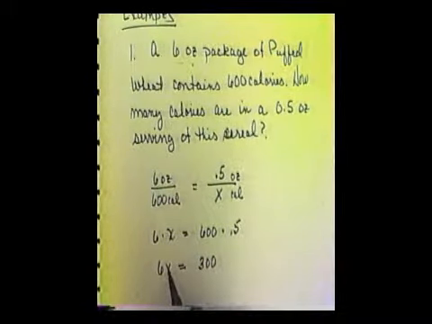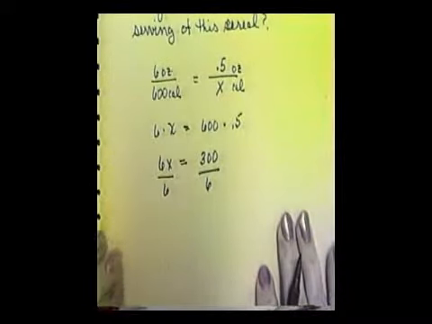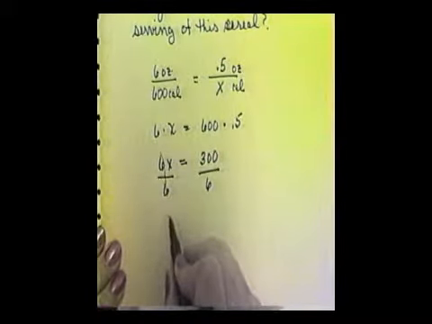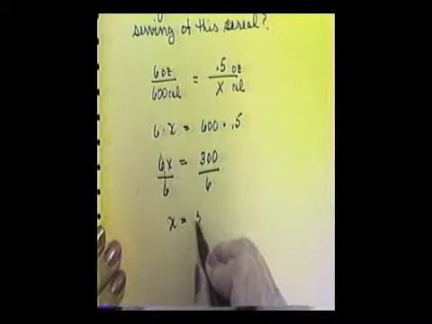To find X, we need to divide both sides by the number that's with it. So we're going to divide both sides by 6. Now, when we do that, of course, these cancel. X is equal to 300 divided by 6, which is 50.